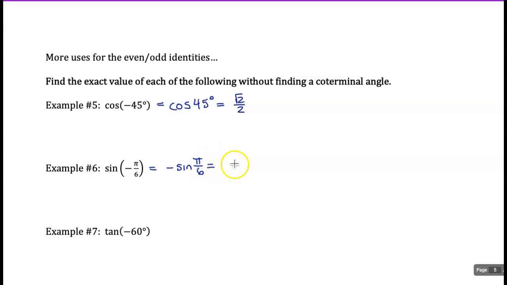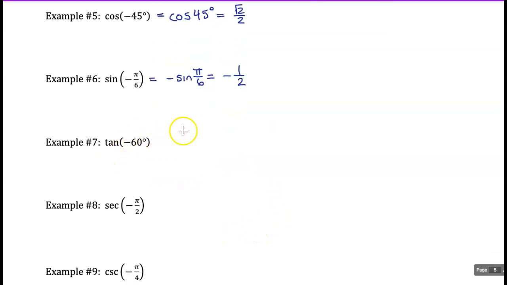And the sine of pi over 6 is 1/2, so this would be negative 1/2. Tangent's also odd, so this would be the opposite of the tangent of 60 degrees. So this would be negative root 3, because the tangent of 60 is positive root 3.